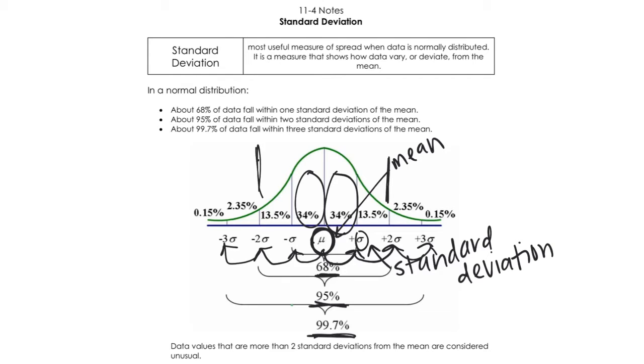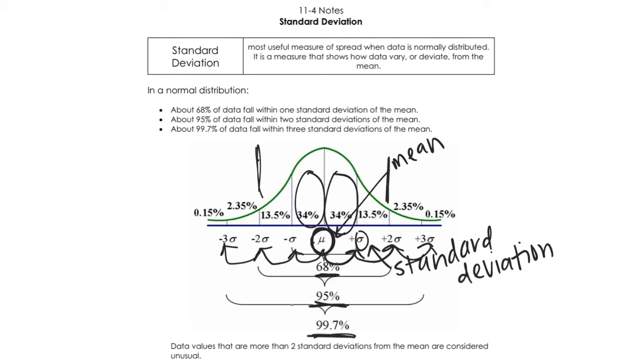And then you can keep going to that 0.15%, which would be 4 standard deviations away. And we can keep going. If you add all this up, all of those percents should add to 100%. So looking below, it says data values that are more than 2 standard deviations away from the mean are considered unusual.